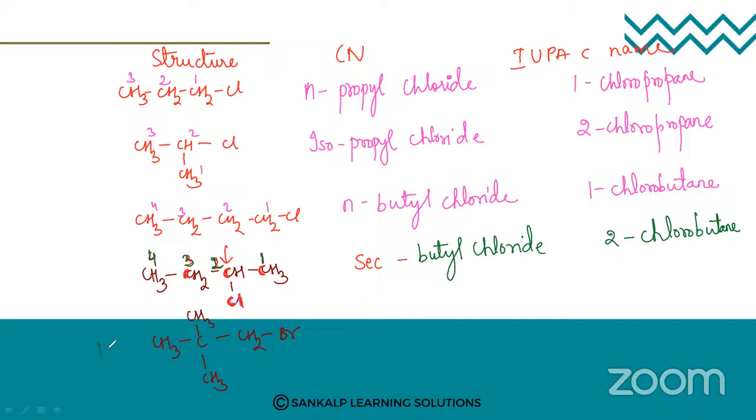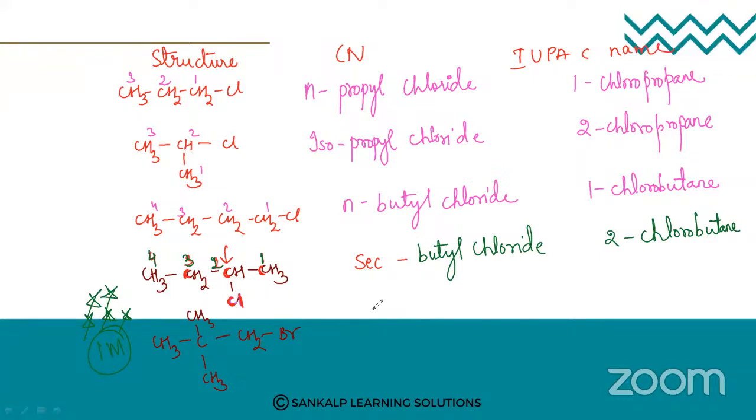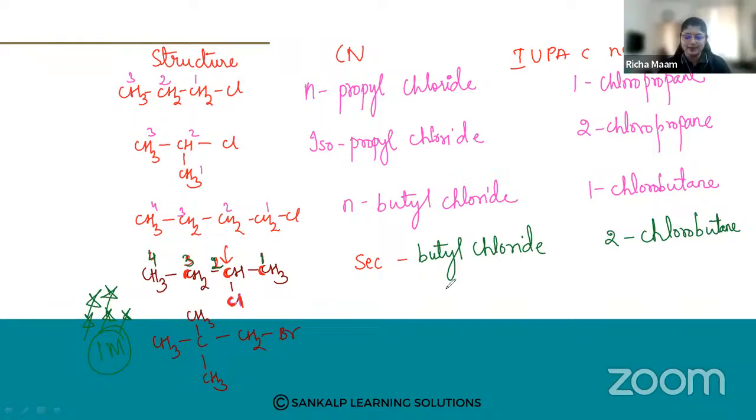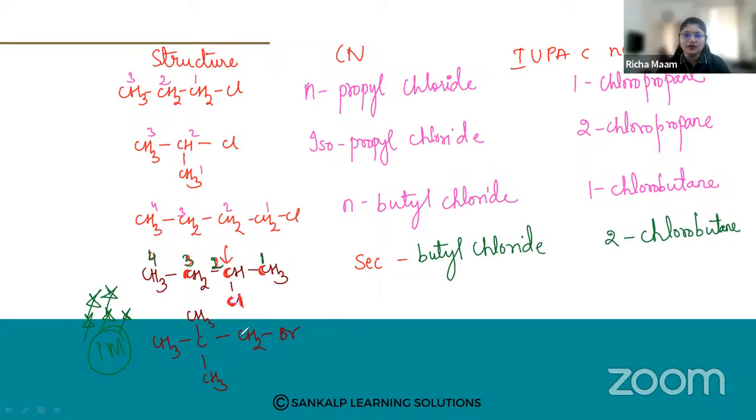So this is important, asked in most of the previous papers. Okay, give the IUPAC name of this compound. So it is important. Mark this as important. Yes, what is the name? I'll give the numbering. Shall I give the numbering?